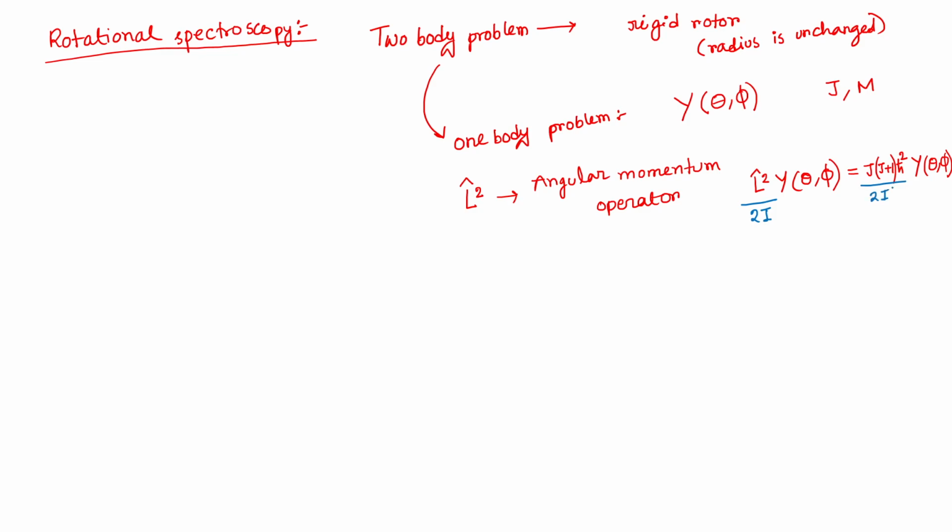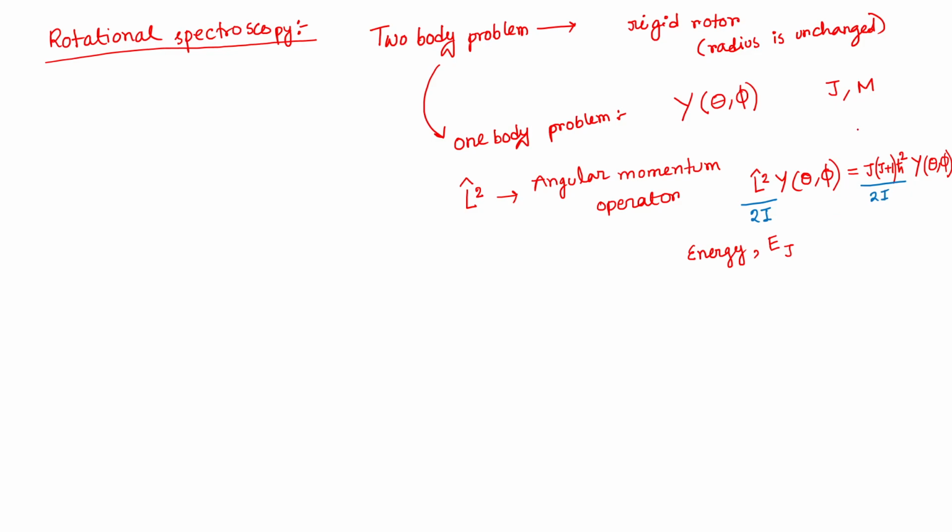So you are going to get your energy, maybe write it with the red pen here, E of J. J is a quantum number.